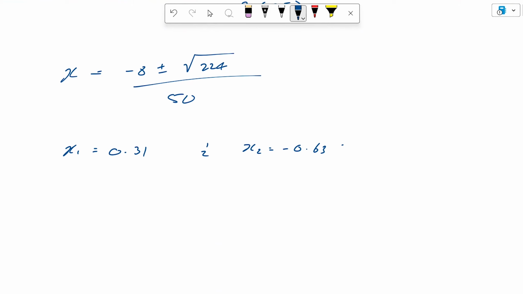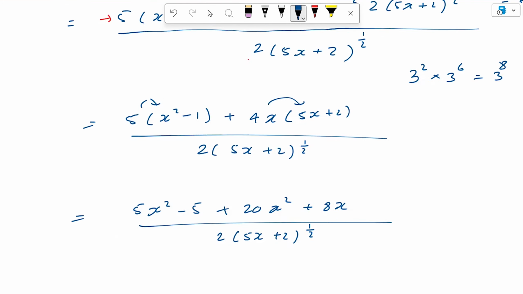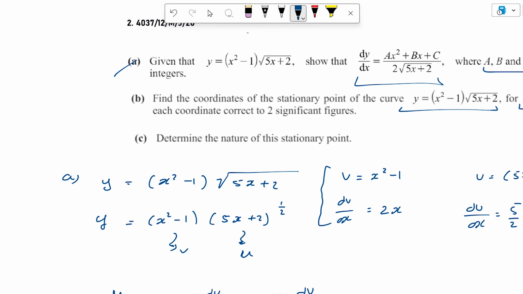We are going to reject this one. Therefore, x is equal to 0.31. That's your answer. Okay, moving on to part c.